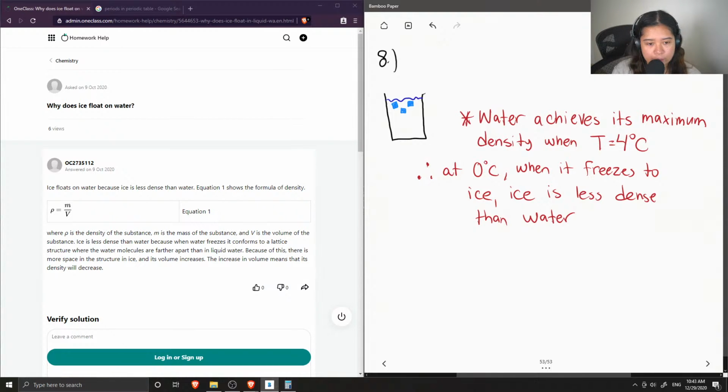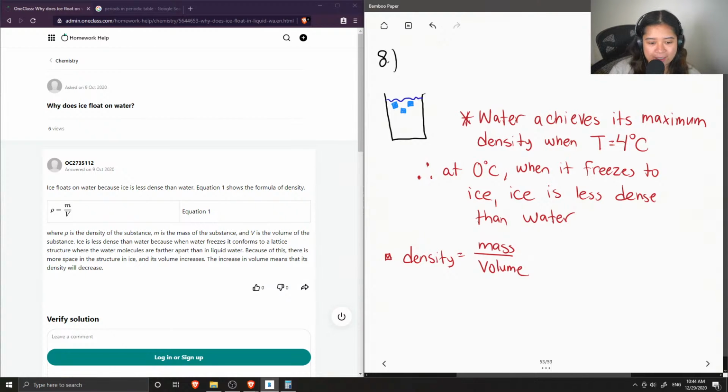Okay, so we can think about the density equation, where density is equal to mass over volume. When we have an ice cube, its mass is less than if we had the same volume of water.